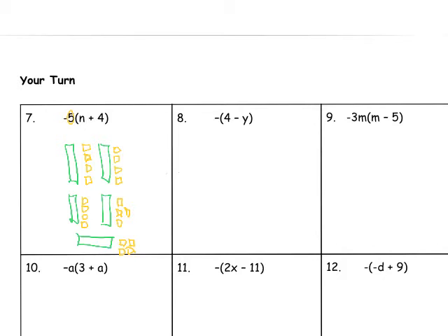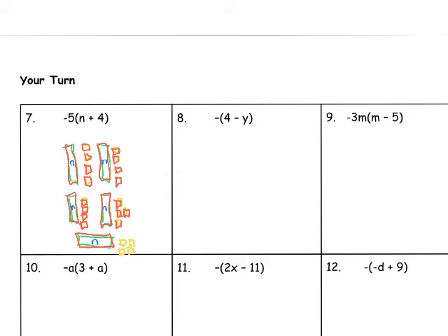There is the n tile 5 times and the plus 4 5 times. Now, it's not just 5 times, but it's negative 5 times. Therefore, this is actually red. Because it's negative, you have to turn it negative. And these are red. Okay, you're distributing that negative sign to every tile in the group that was in the parentheses.